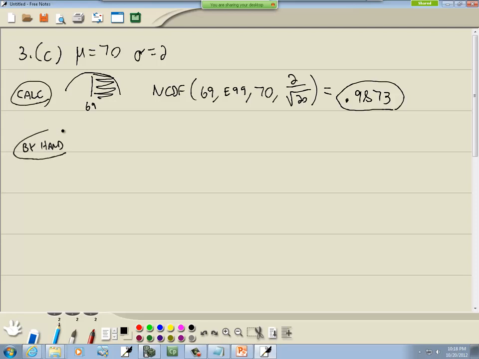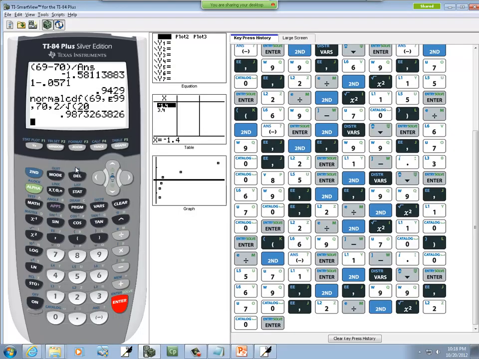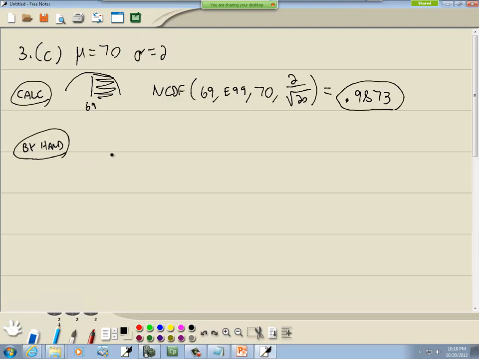And let's look at it by hand. We want to switch it to a z-score. So z is going to equal x minus mu sub x bar over sigma sub x bar. Mu sub x bar is equal to mu, which is equal to 70.